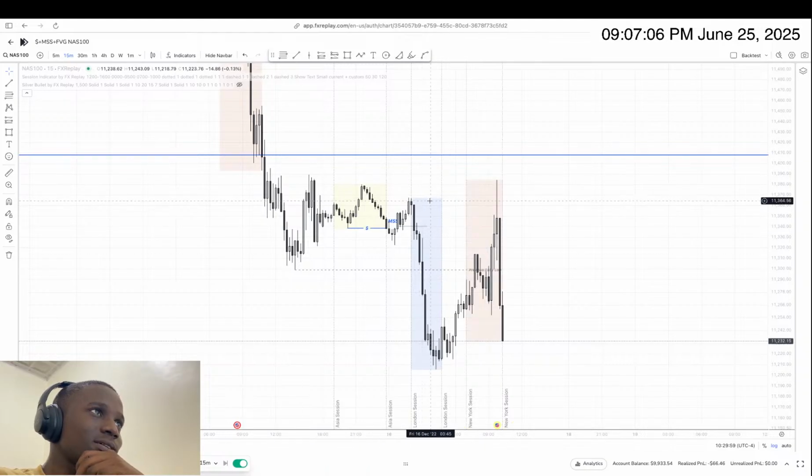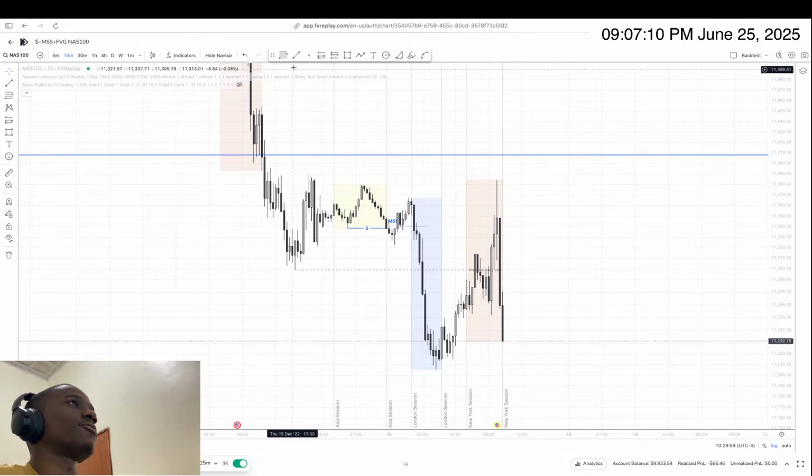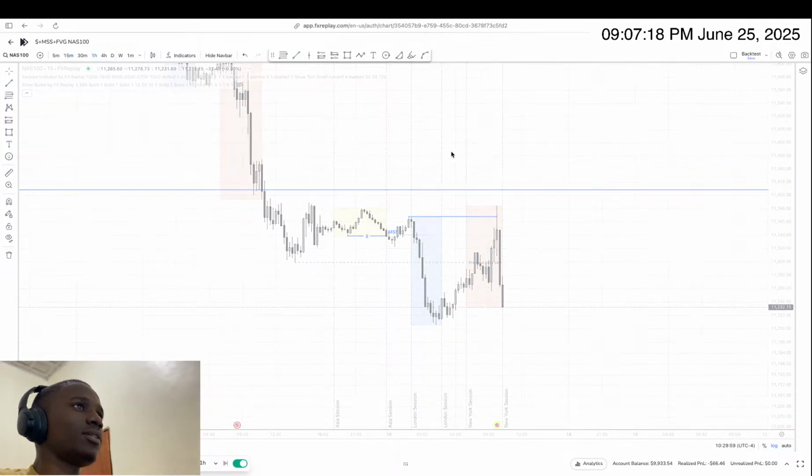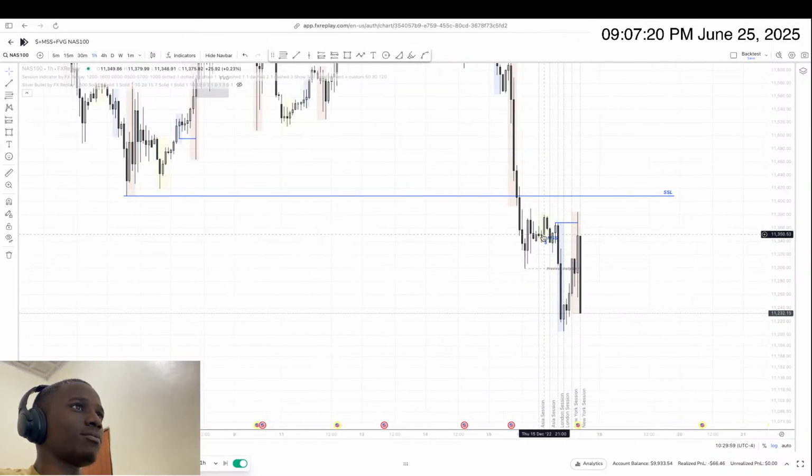Okay, we can see a really good sweep of liquidity on the high at 9:45. And on the 1 hour, how does this look? Well, we were in some kind of order block, and I'd like to hide this. Okay, good.